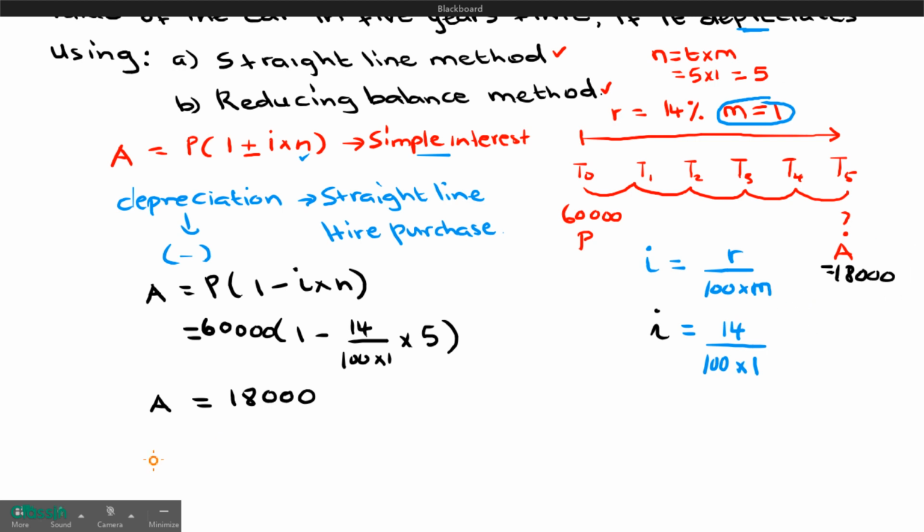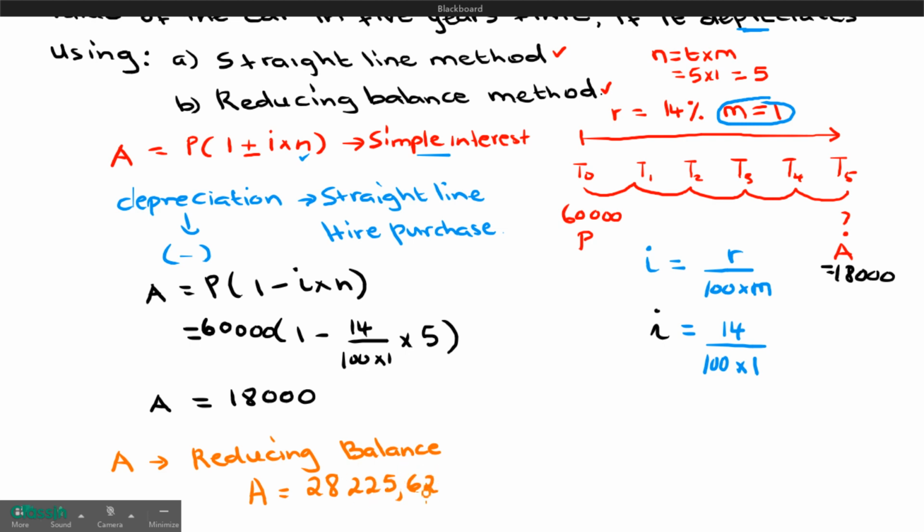With reducing balance, the value of A will be around 28,225.62.